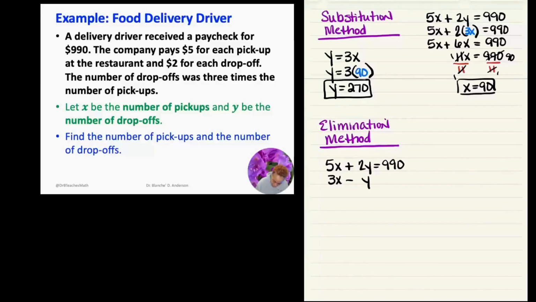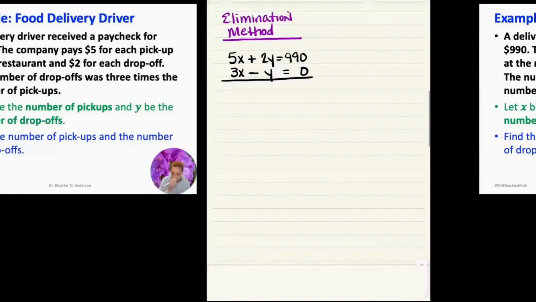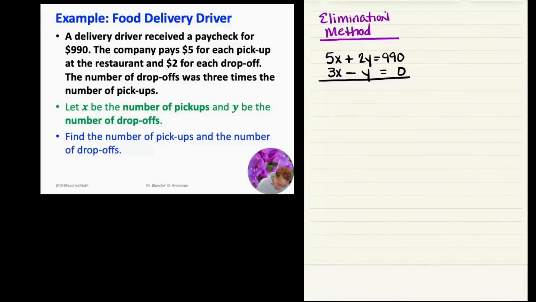And then we had 3x minus y equals 0, right? So in the elimination method, we could get rid of the x terms, but then you'd have to make them 15 because of the 5 and the 3. But this looks easier, right? If we just take 2 times this equation, then we'll have 2y and a negative 2y, and then that will go away, okay?